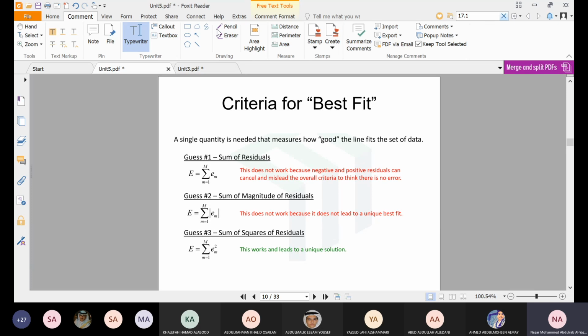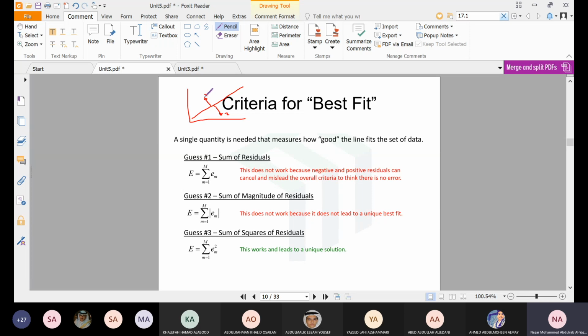So for example, if we have here data and this is our best fit, and we have here point 1 and point 2 located at the same distance. The distance from here to here is the same, and this is the same distance from the best fit, and these 2 points are error or noise.